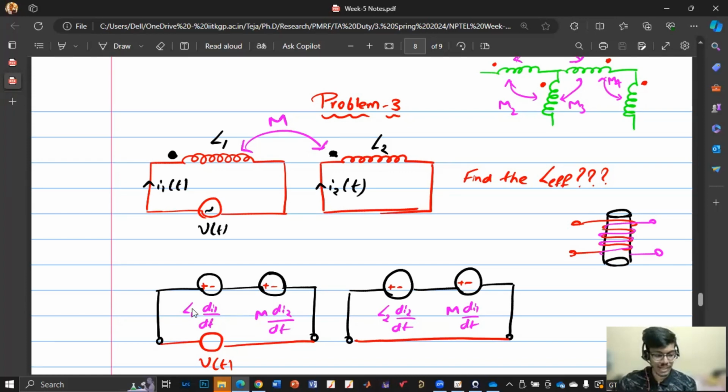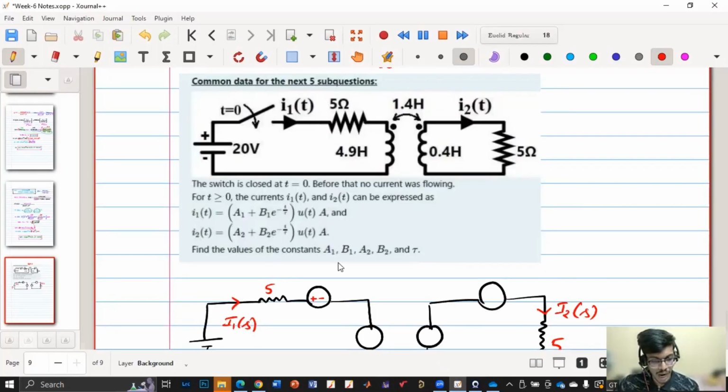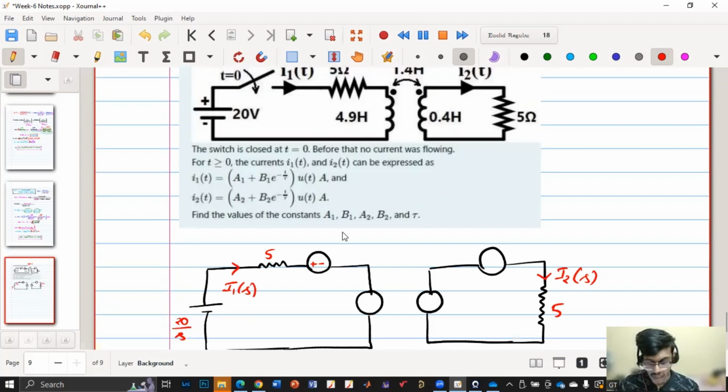So I is I1 of S, I1 of S into S into 4.9. So this is 4.9 S into I1 of S. Did you understand how we are getting this voltage source? This is very crucial. Yes, V equals L di by dt, then we can convert it into the Laplace domain. Yes, you are right.